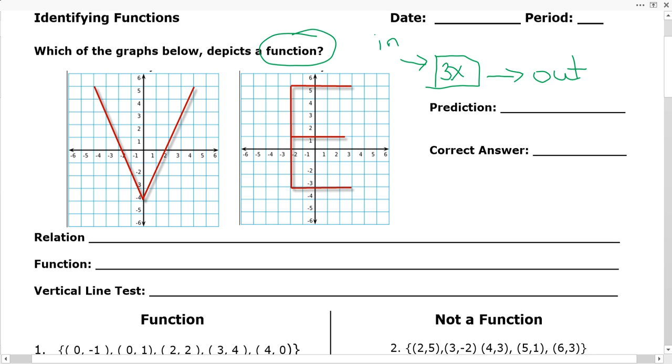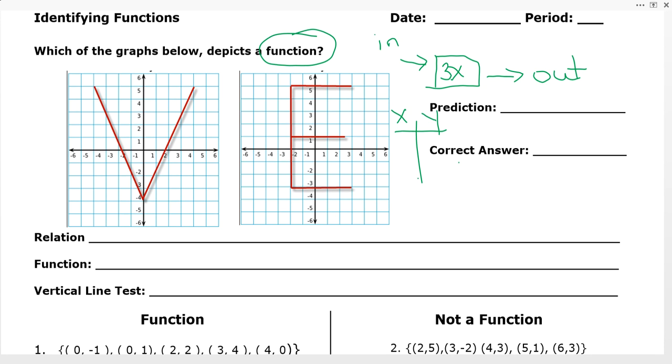Those are functions. And you've done tables, T-charts, where you've done the X and the Y, and there's been something that happened in between where you figured out what the input and output were.